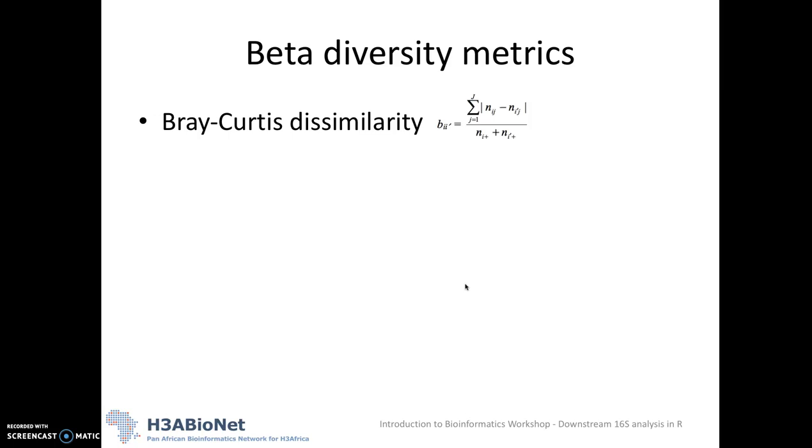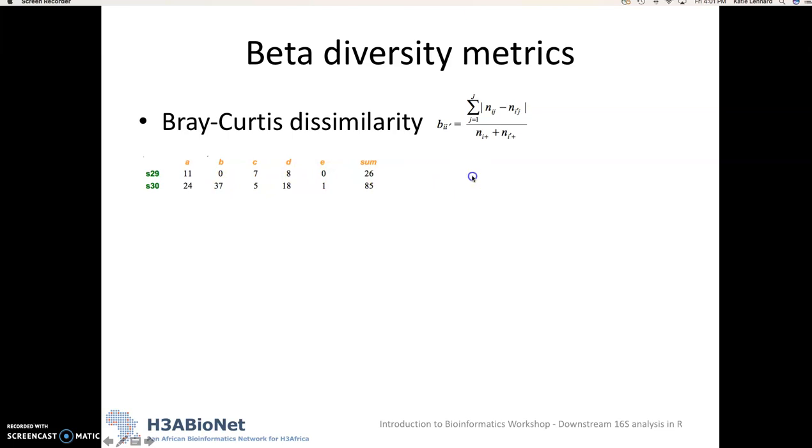And to calculate Bray-Curtis, that computation involves summing the absolute differences between the counts, which you see at the top here, and dividing this by the sum of the abundances in the 2 samples that you're comparing that pairwise distance for. So if we look at an example here, we have 2 samples, S29 and S30, and they've got 5 different taxa.